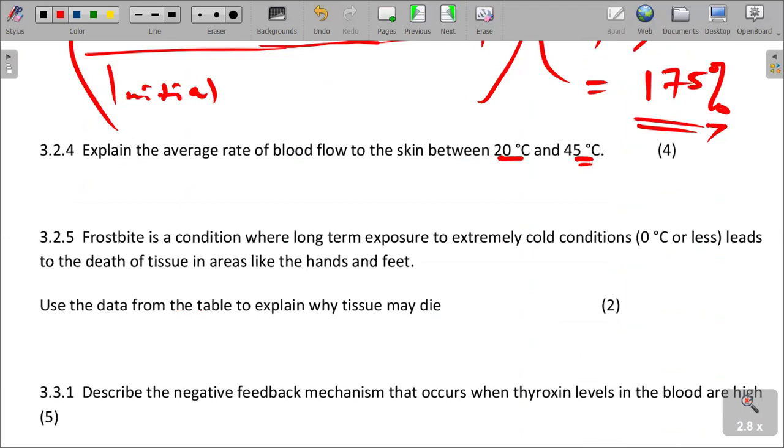So as temperature increased from 20 degrees Celsius to 45 degrees Celsius, what happens?